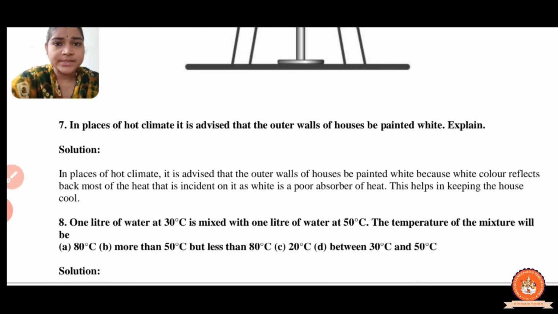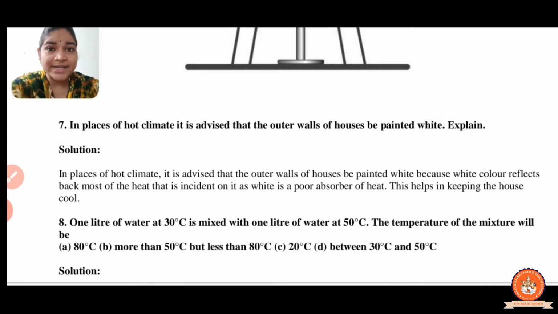Now question number 7. In hot climates, it is advisable that the outer walls of houses be painted white. Explain. Again I repeat the question. Why?